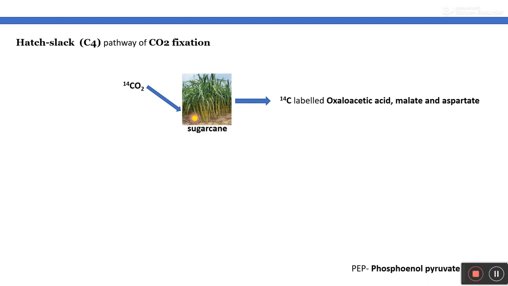This and further studies by these workers led to the establishment of yet another CO2 reduction pathway, called the Hatch and Slack pathway. And because the C4 dicarboxylic acids are the earliest products, this pathway is also known as the C4 dicarboxylic acid pathway.